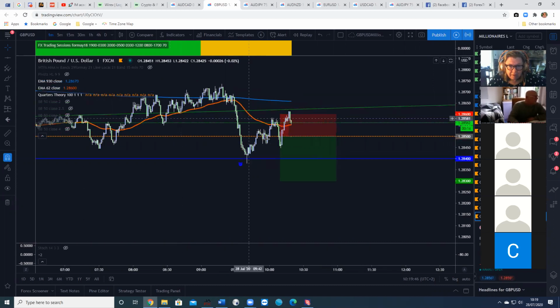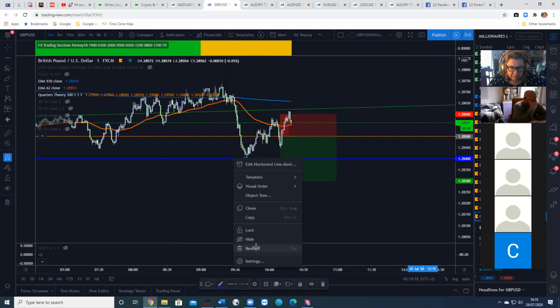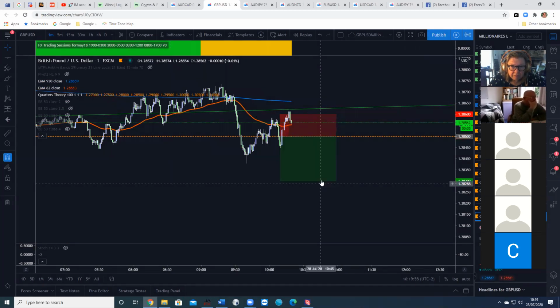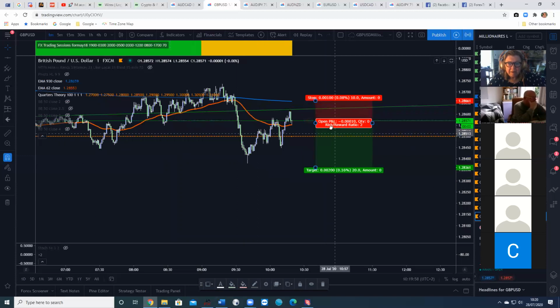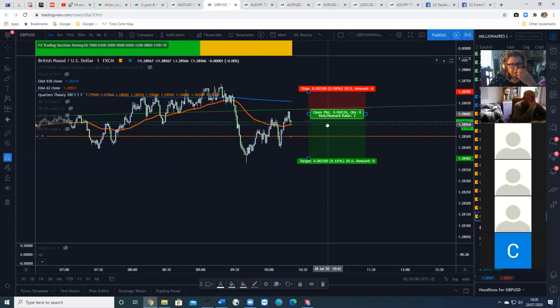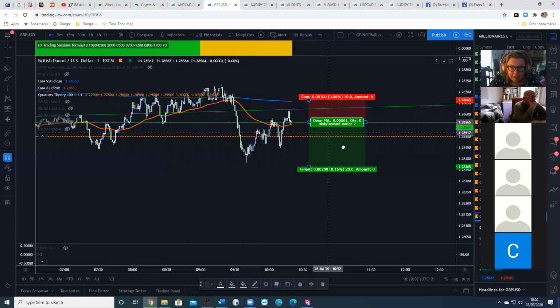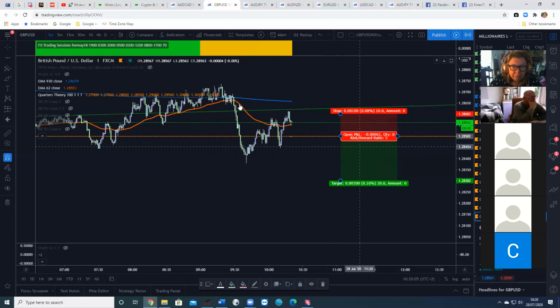He had that for a sell, but it hasn't quite done that, has it? You wouldn't want to get in here anyway, because you're between the pitchfork and the quarter theory. So keep an eye on that one, see if it's going to come back round again.